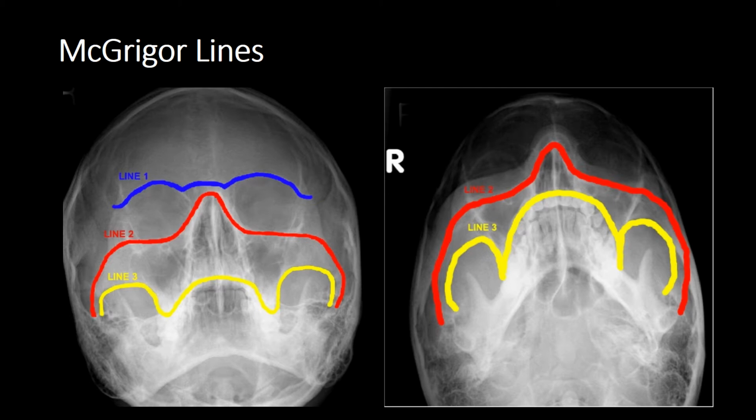The superior line, line 1, starts at the frontozygomatic suture, running over the superior orbital rim, over the glabella, and over to the opposing side.